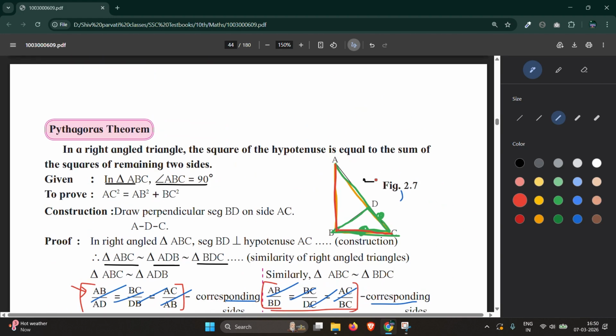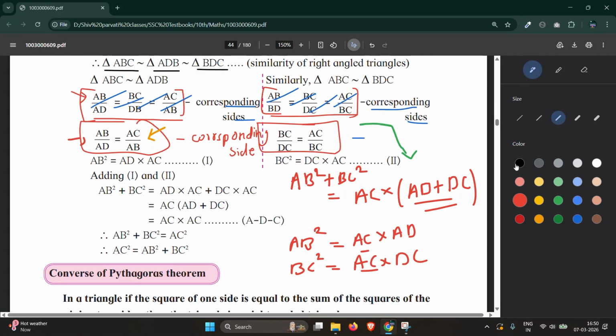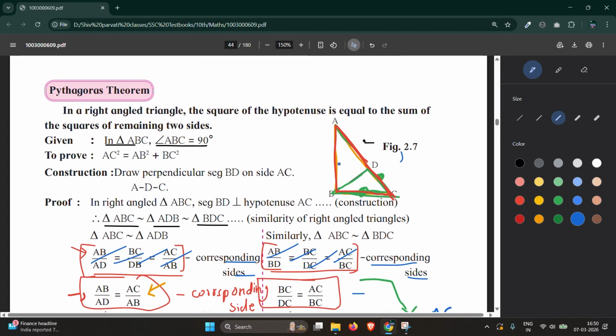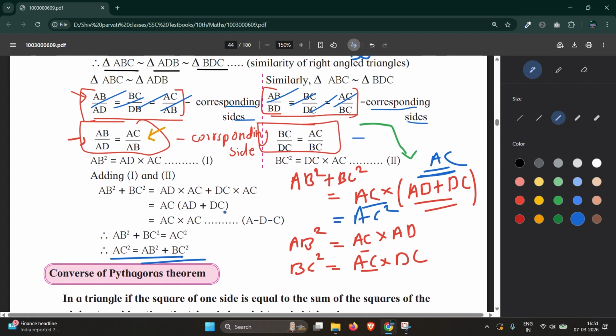And what is AD plus DC? AD plus DC is nothing but AC again. So this part inside the bracket is also AC. So that is just AC into AC. So you get AC squared. And that is exactly what we were trying to prove: AB squared plus BC squared is equal to AC squared. This is what we are trying to prove.